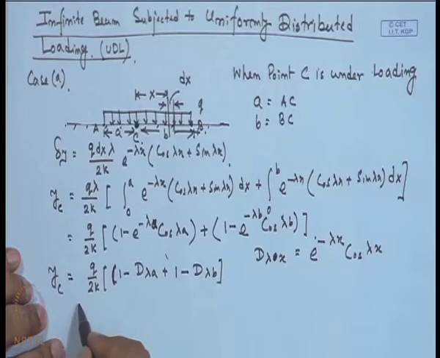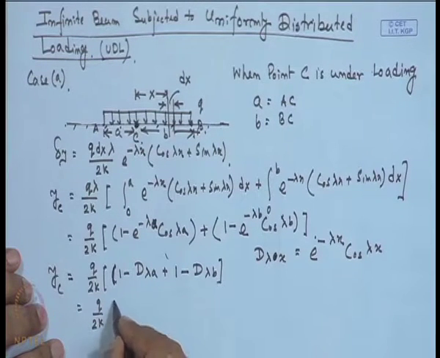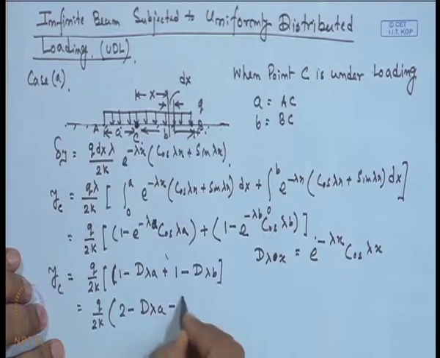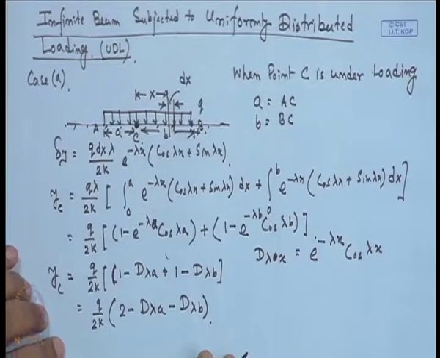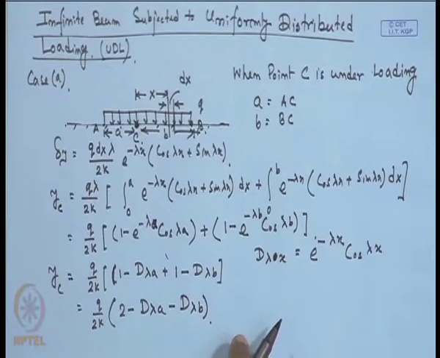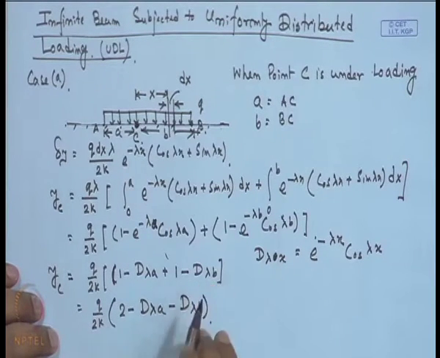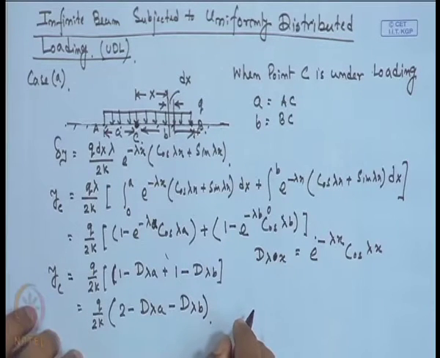So finally, this will be q by 2k into 2 minus D lambda a minus D lambda b. This is the expression of the deflection for an infinite beam subjected to a uniformly distributed load.